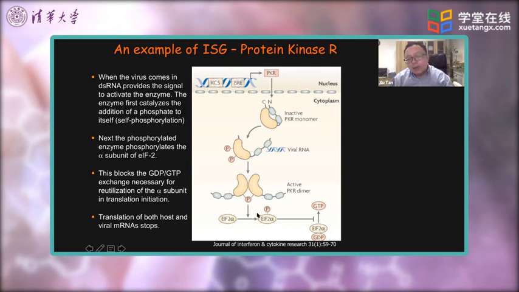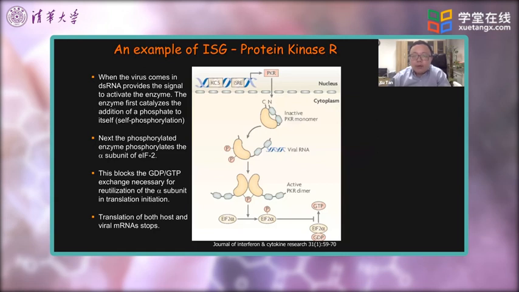As you can imagine, if you stop the initiation of protein translation, all cellular protein production will basically be shut down. So this is quite an extreme procedure, in which the interferon shuts down protein production in the whole cell to stop the virus from replicating. That's really an effective way to completely block viral replication.